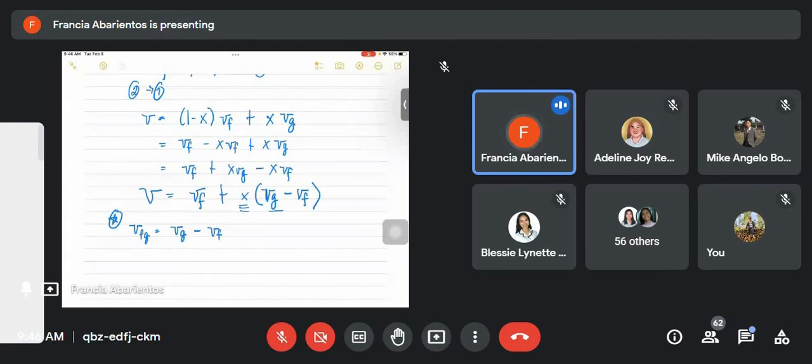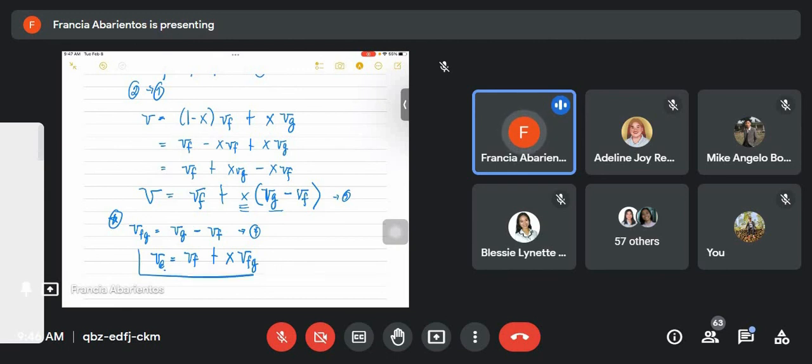So, you can substitute this now, here in equation 3. Okay? So, we have now the specific volume at a certain point equal to the specific volume at saturated liquid plus the quality times the specific volume during the change of evaporation.